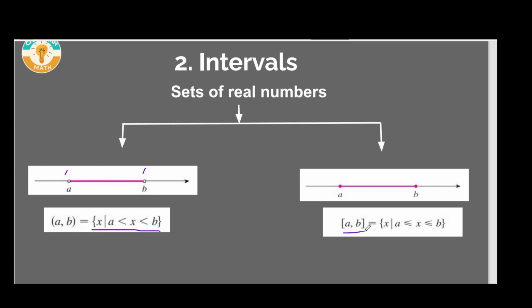And here we consider both A and B, so you have to put the equal sign, which means that we also consider A and B and the numbers between them. So what you need to know is that in an open interval you don't put the equal sign, and in a closed interval you put the equal sign.